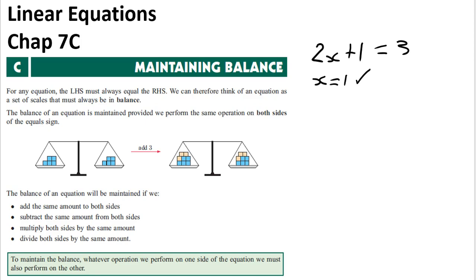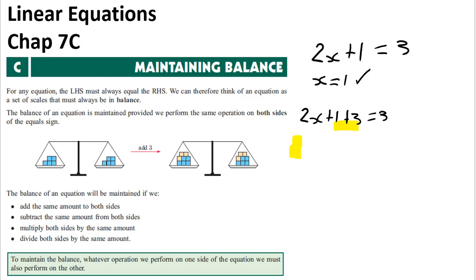So that bit's good. If I was to add 3 to the right-hand side, for example, I would have 2 lots of x plus 1 plus 3 equals 3. Now from algebra we can see that if I combine these two bits, 1 plus 3 is 4.